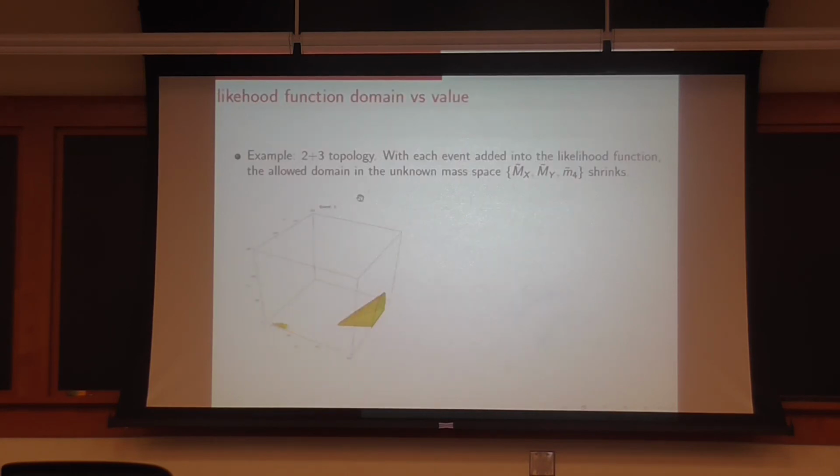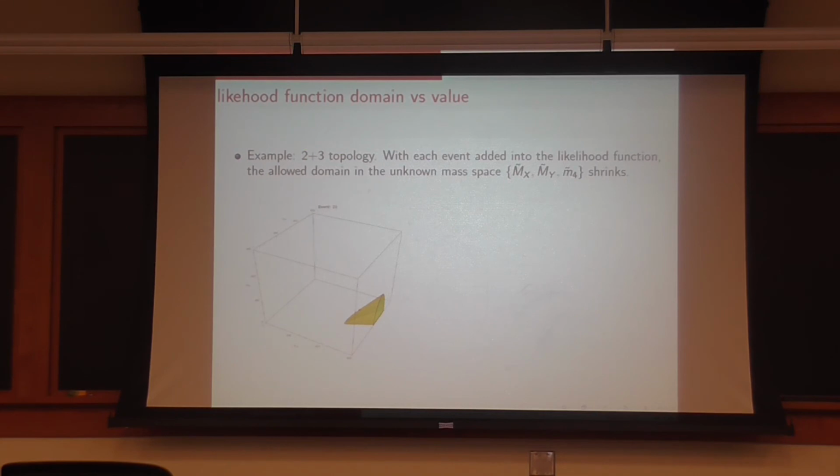Okay, as I mentioned before, we can talk about the likelihood function, the domain of the likelihood function, and the actual function part that you maximize. So here's what happens. This is the unknown mass space. For the 2 plus 3 topology, it's x, y, and 4. These are the unknown masses.